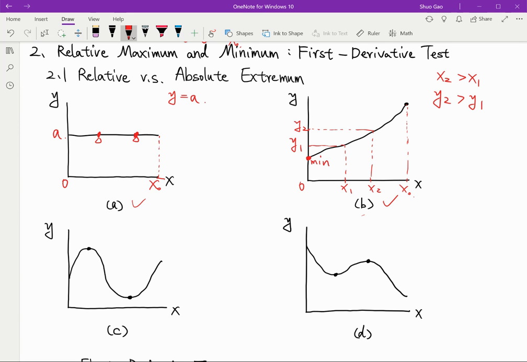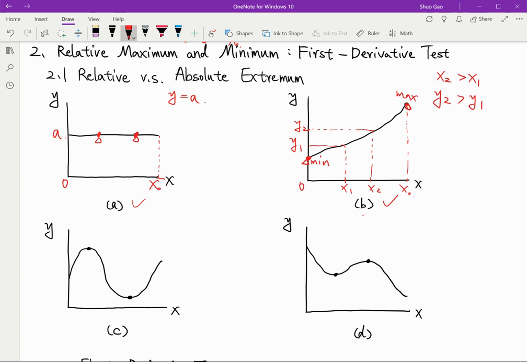And when x equals the largest value in the domain, which is x0, y reaches the maximum, right? Because from 0 to x0, y is always increasing. So here it has to be the minimum, and at the end here, it has to be the maximum.